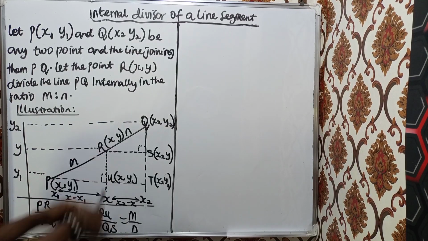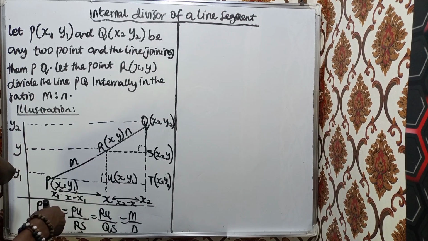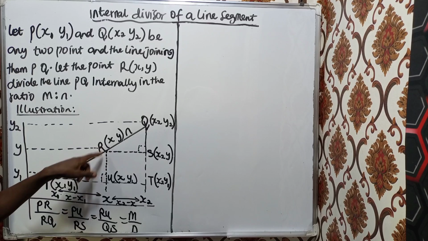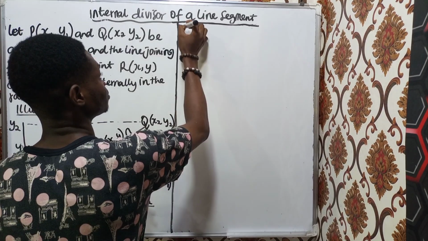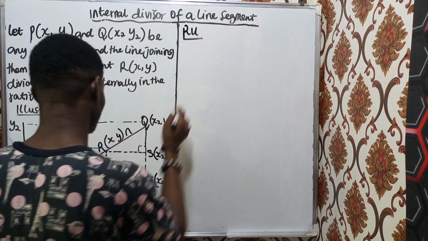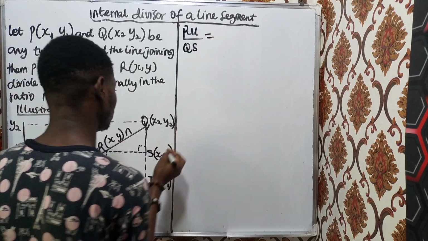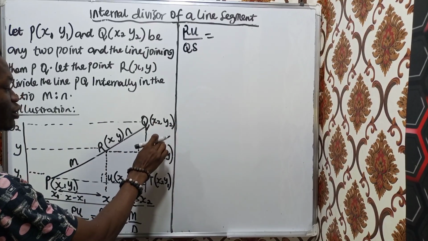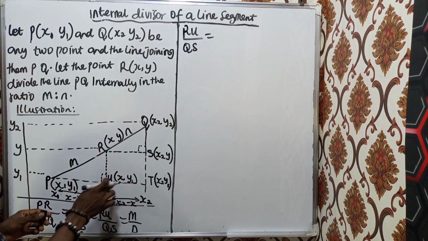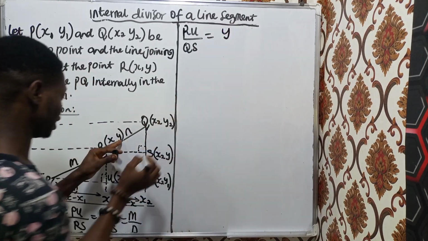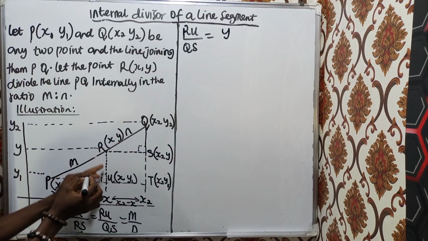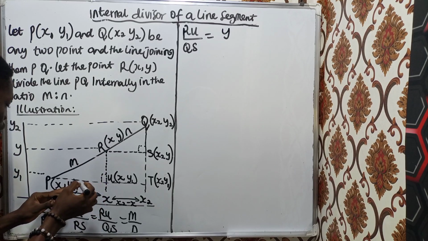So for y, we use the vertical one. You know that y is always vertical. So RU all over QS. So now the corresponding value of RU here will be y, minus the corresponding value of y at U, which will be y1.